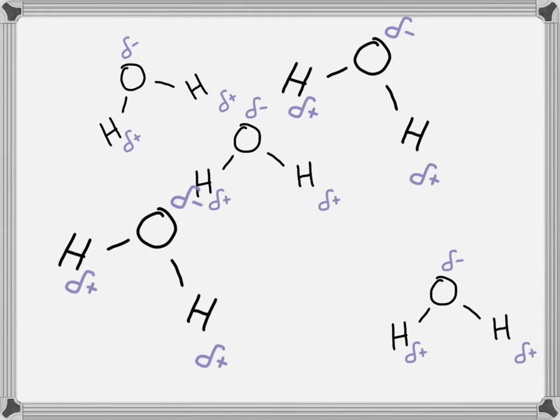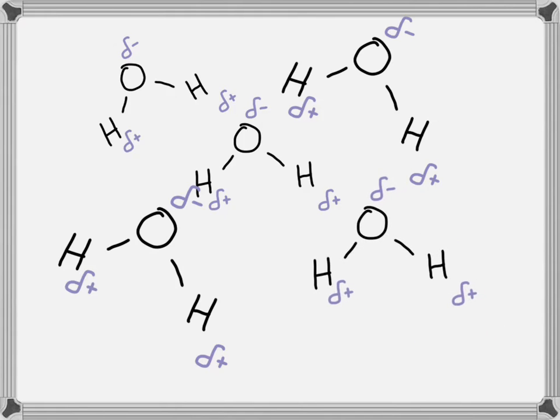And so they'll reorient themselves, and you start to form this lattice-like network. And if you put salt in water, the little polar bits of the water molecules are going to start to isolate the sodium ions and the chloride ions, and that's why things can dissolve in water.